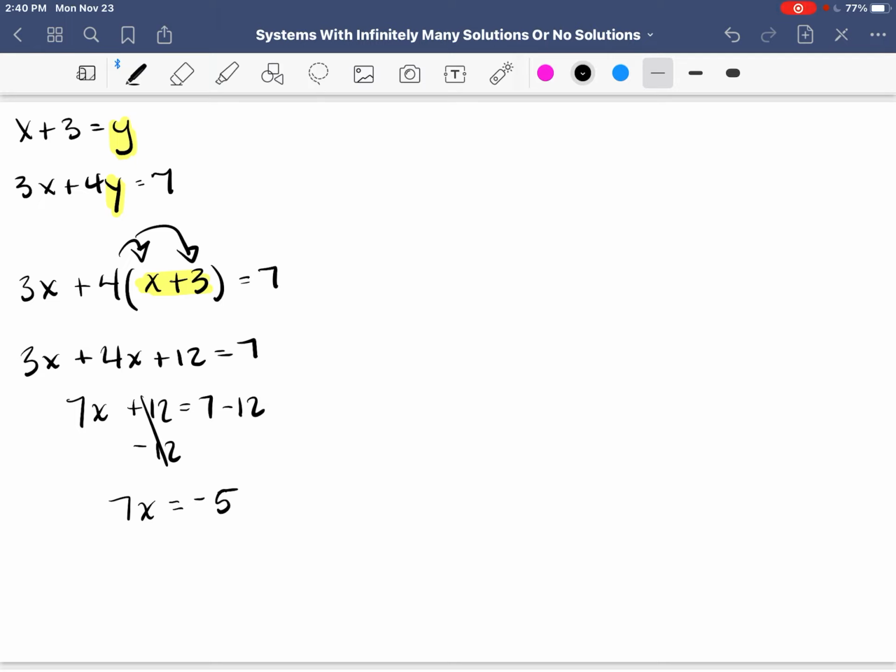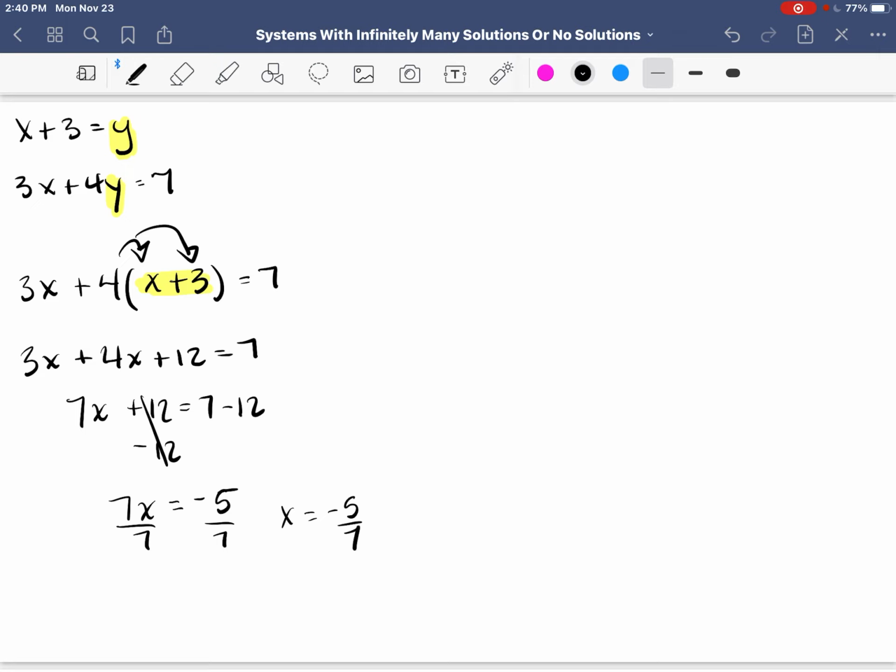And so you divide both sides by 7. And that's your value for x. So x is equal to negative 5 over 7.